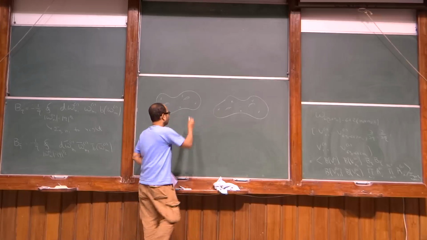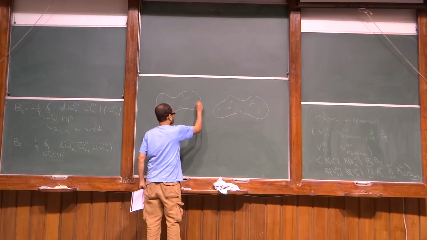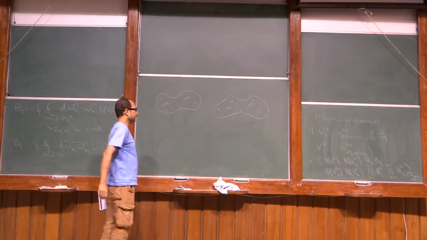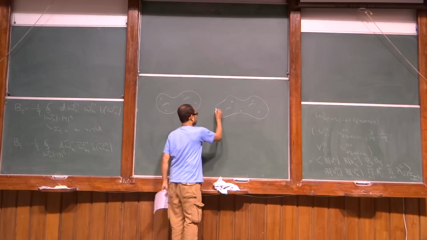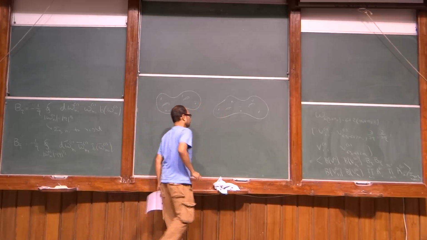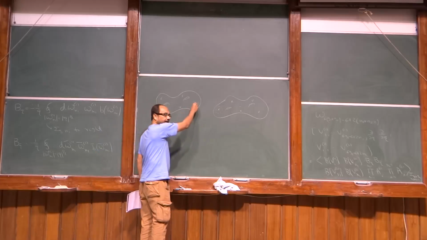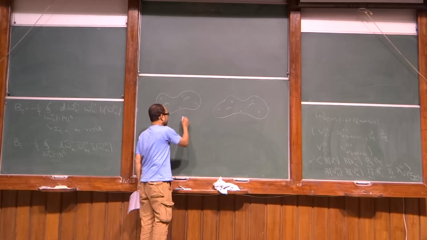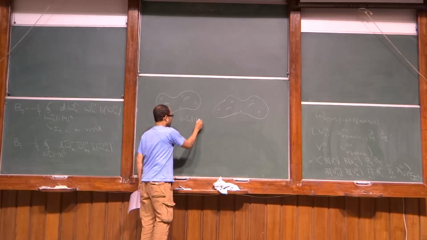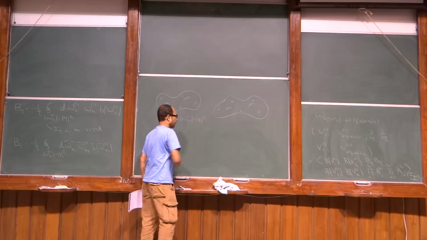Okay. So what we did was that we cut out a circle around each. This circle, if w1 n1 is the local coordinate around here, then this circle is at |w1 n1| equal to |q|^(1/2). Q is some complex parameter.